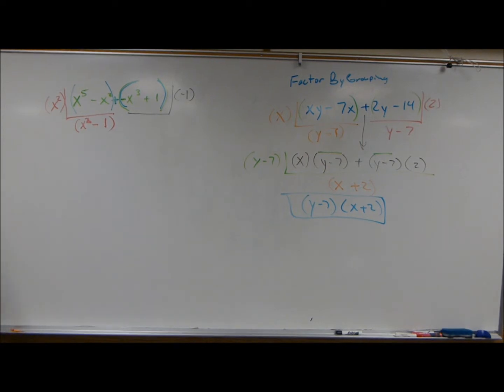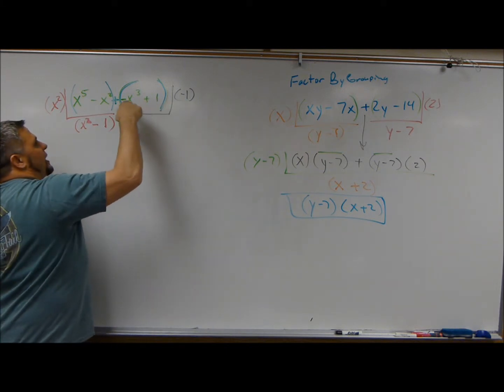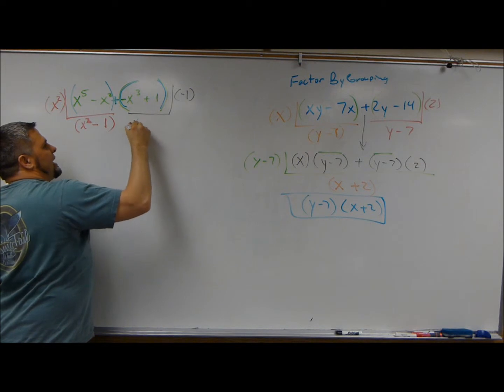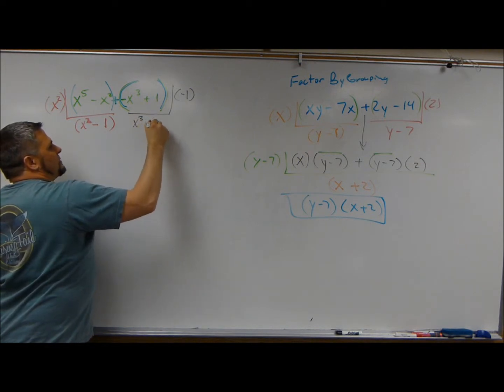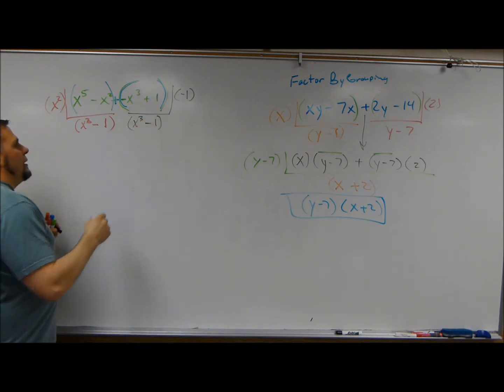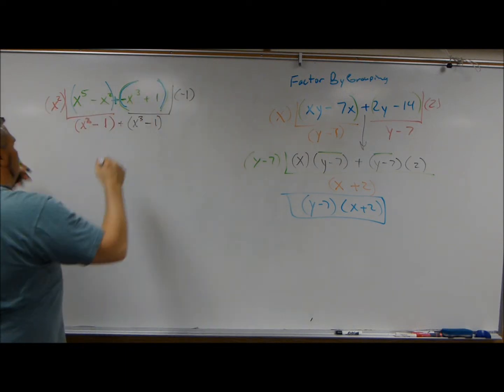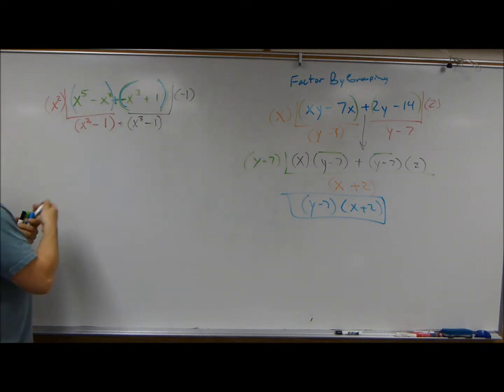Sometimes that's a negative 2 or a negative 7, but in this case it's just a negative 1. And when I take it out, I'm left with the opposite signs of what I have. So it's x cubed minus 1. And there's still this plus sign between all these. And so now I just rewrite it all.